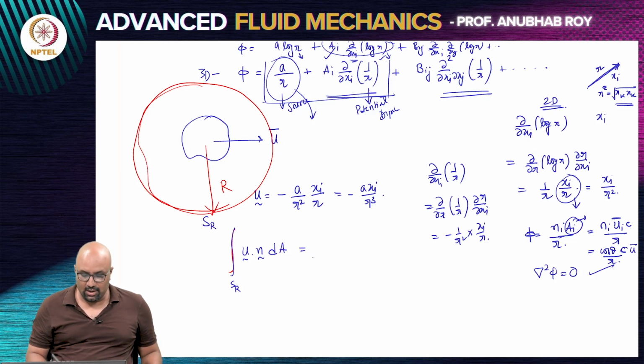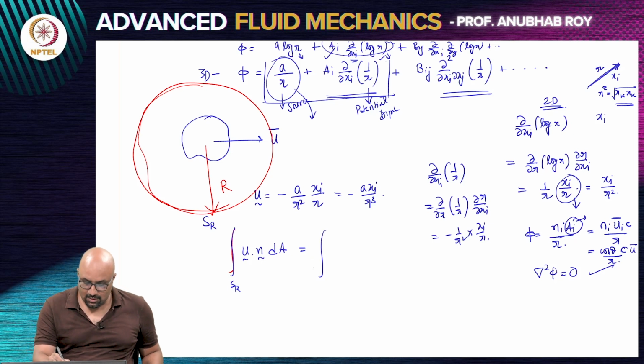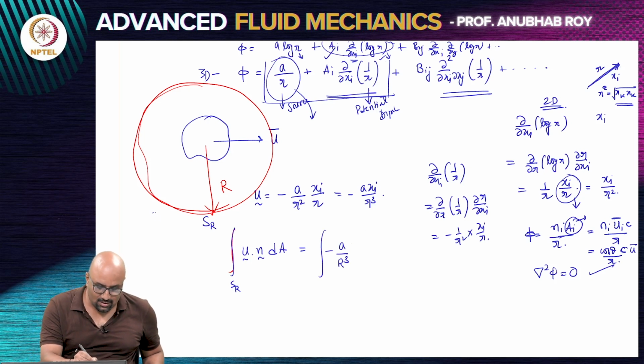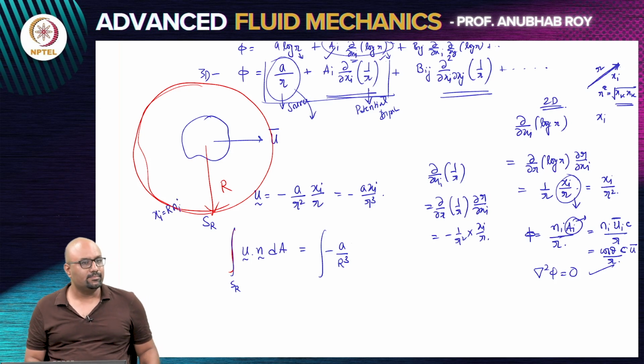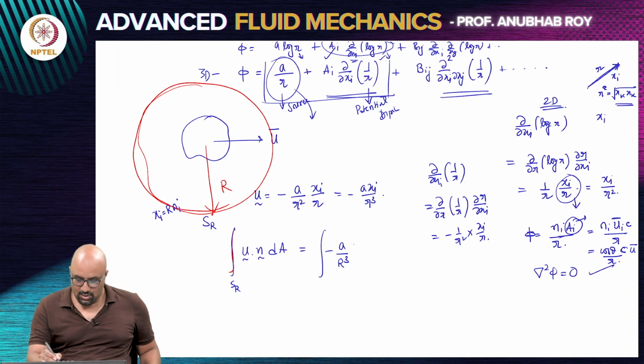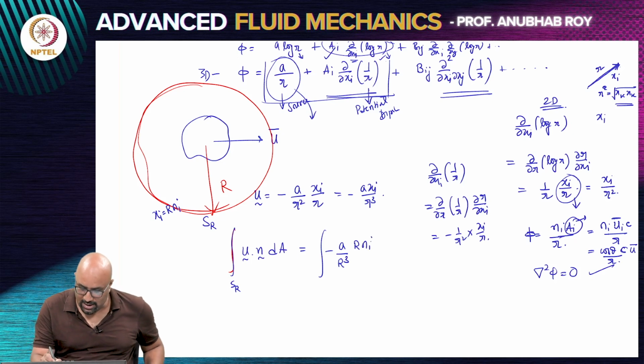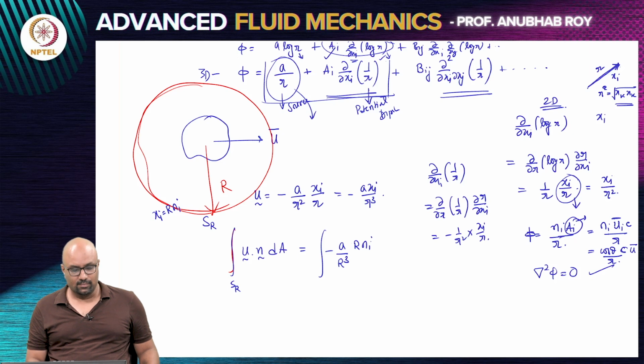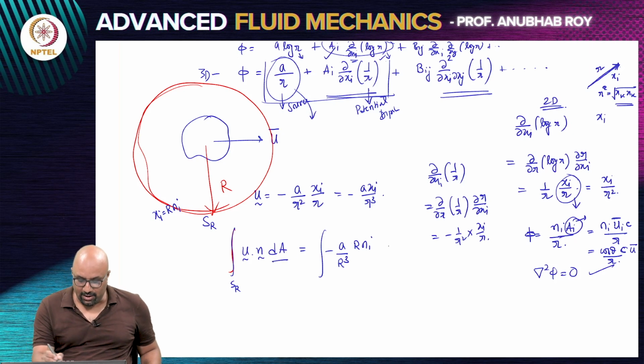So, what is u dot n on that surface? This should be minus a, xi is capital R n. On a sphere of radius R, the position vector is the radius of the sphere times the unit normal to the sphere. So, this becomes R n. What is the area element?